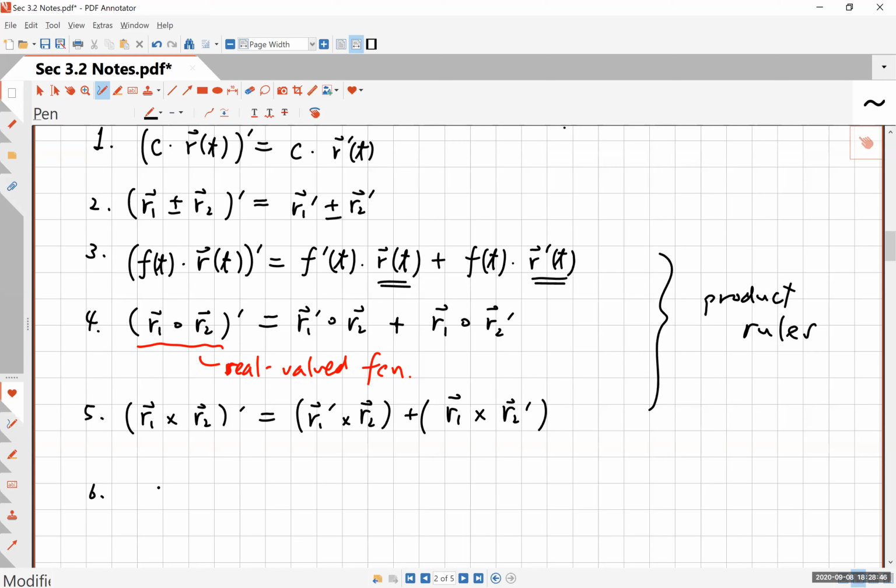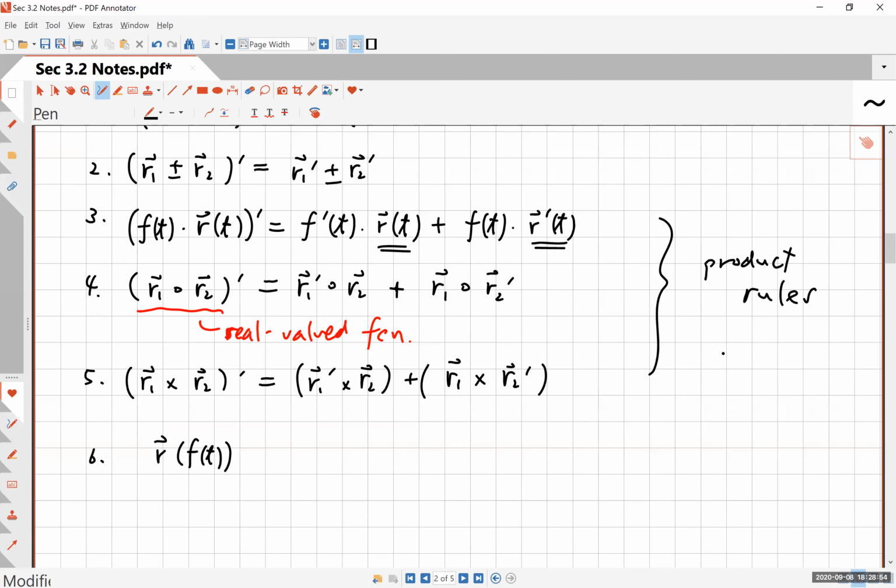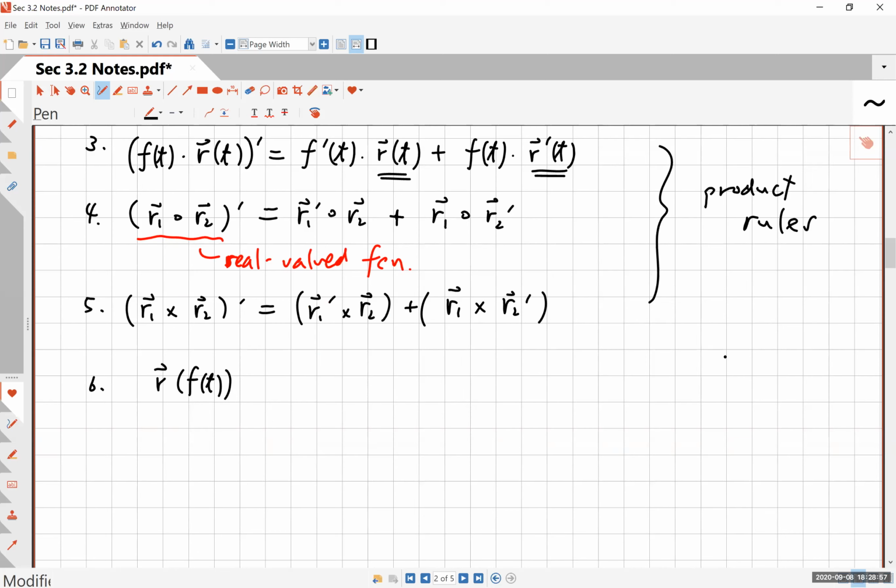And then what happens then if you have R composed with a real valued function? So this would be a situation, for instance, where you have a vector valued function defined not just in terms of t, but in terms of f of t. Maybe that's t squared or t squared plus log of t or something. Okay? So now R is a function of f of t, a real valued function. If you take the derivative of this, okay, then well, how does it work? With a chain rule, you take the derivative of the outside, multiply that by the derivative of the inside function, right? If the chain rule is true, and it still is true.